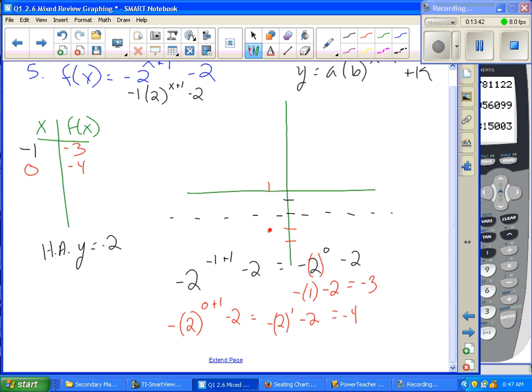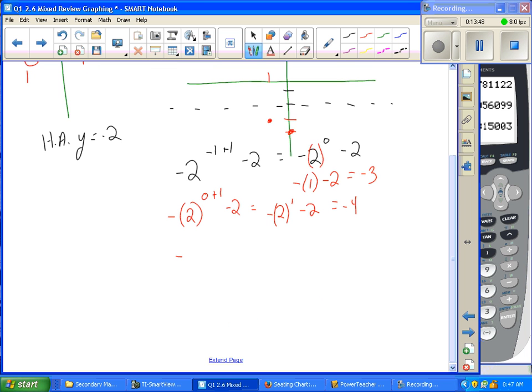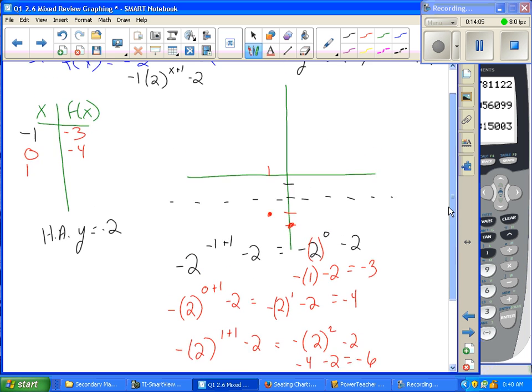And then 0, -4 would put me here. If I were to plug in 1, I get -2 to the 1 plus 1 minus 2. So I get -2 squared minus 2. Now 2 squared is 4. 4 times that -1 gives me -4 minus 2, which is -6.